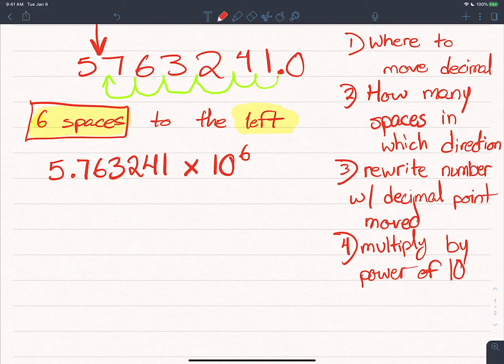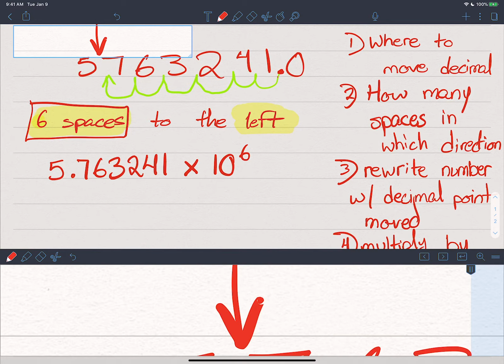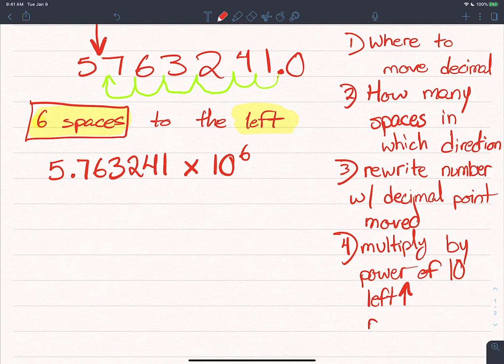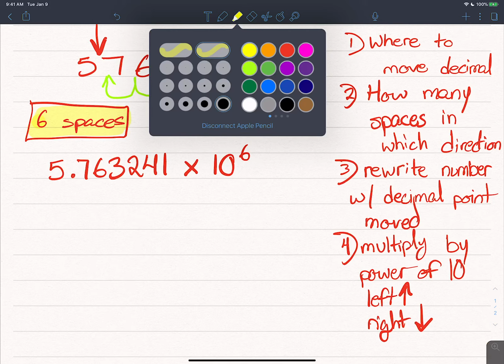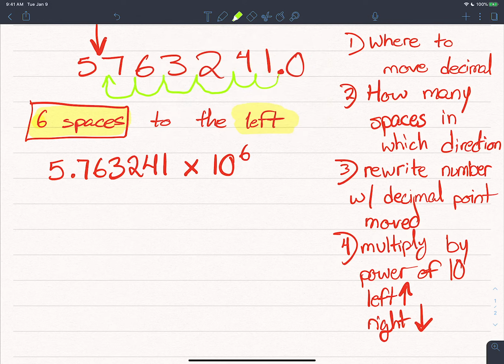And the power of 10, if we moved to the left, we go up. But if we moved to the right, we go down. Right? So these are our steps. These are the steps we are taking to write a number in scientific notation.